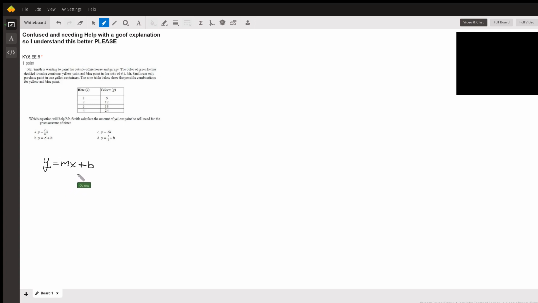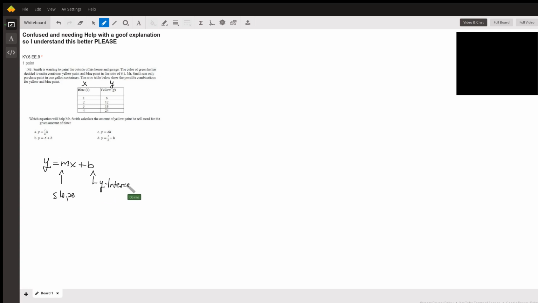So that might be a little confusing for a second. So let's just keep it like this for right now. I'm going to call this my x variable and this my y variable, and then we'll swap it out in the end so that we can match it up with our answers so that we're consistent. Okay, so first things first, our m is our slope, and our b is our y-intercept.